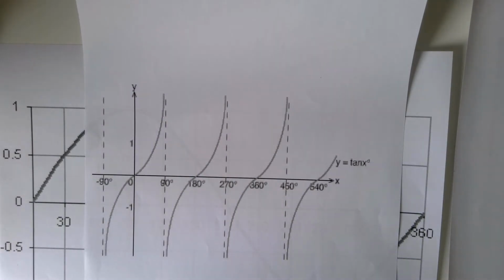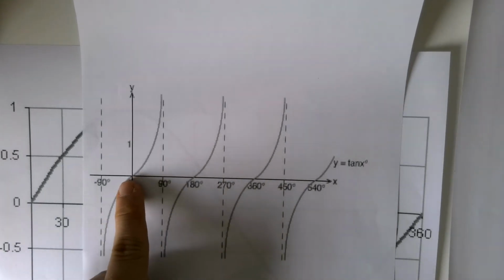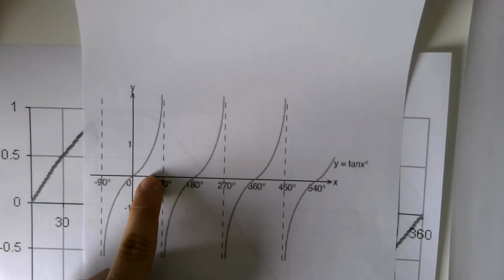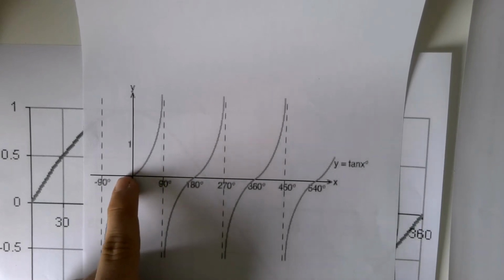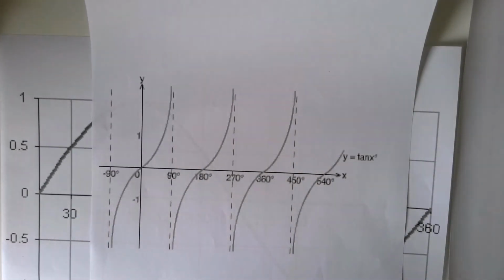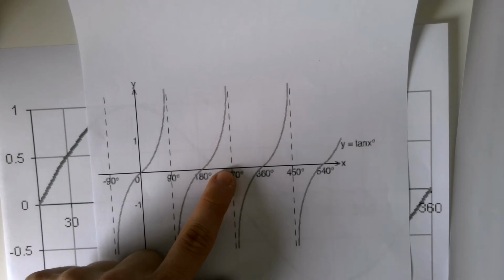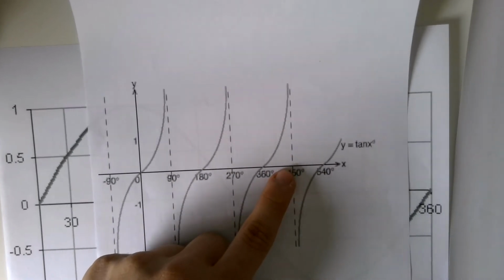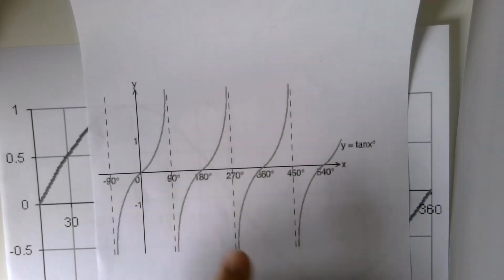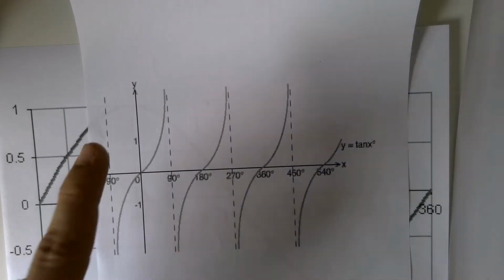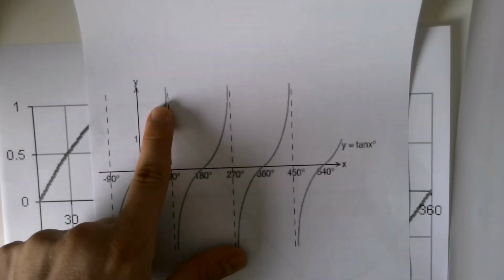So much like y equals sine x and y equals cos x, this was formed in exactly the same way. Someone just computed what tan of 0 is, tan of 1, tan of 2, tan of 3, tan of 4, tan of 5, and they plotted this graph. Now tan behaves a little differently to sine and cos. When it reaches 90 or 270 or 450, so that's every 180 degrees, it behaves quite oddly.